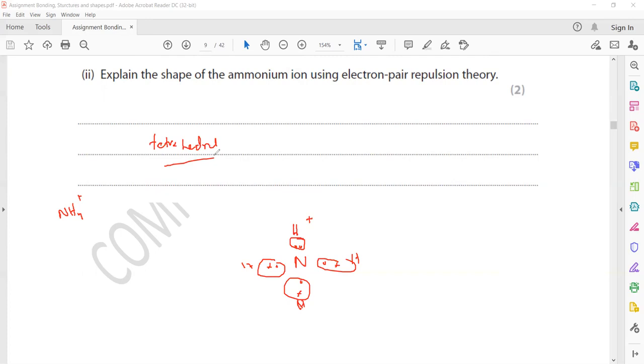So it will be tetrahedral because of 4 bond pairs, and what is the reason? Because there is equal repulsion of electron pairs, or 4 electron pairs arranged in minimum repulsion or maximum separation.